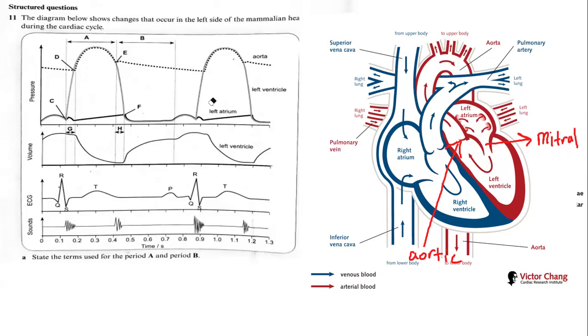By the way, let's do it in steps. So we have the mitral valve. The mitral valve is going to close, right? So we're going to talk about what causes the mitral valve to close. So number one, the left ventricle starts to what?